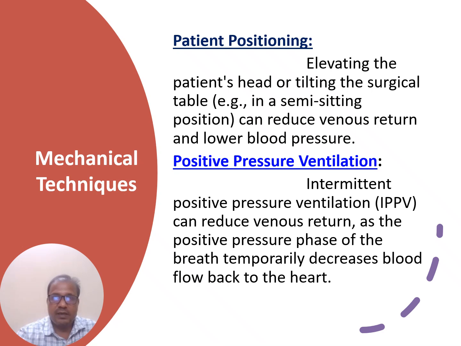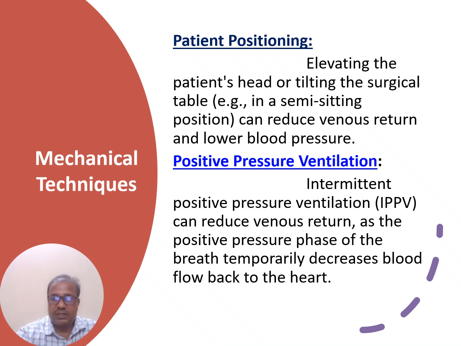We can elevate the patient's head 25 to 30 degrees on the bed, and then venous return decreases and the cardiac output also decreases. In this way, hypotensive anesthesia is achieved.